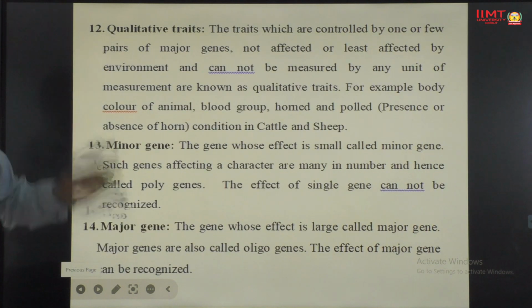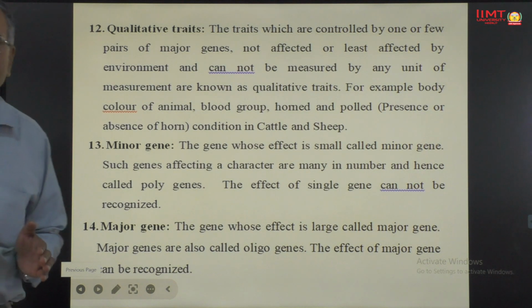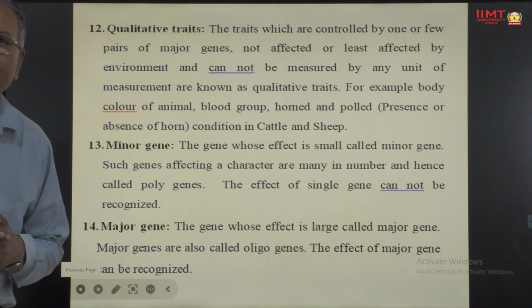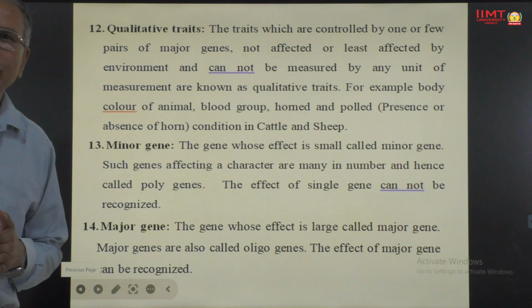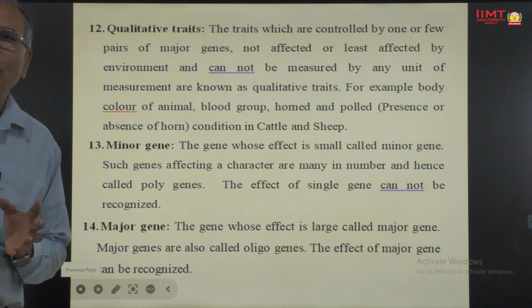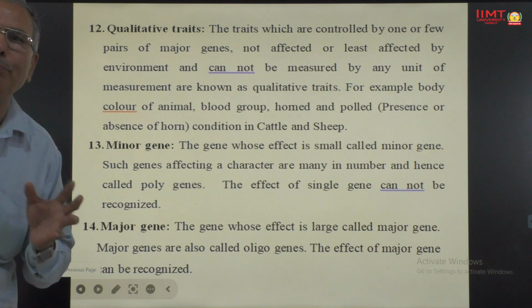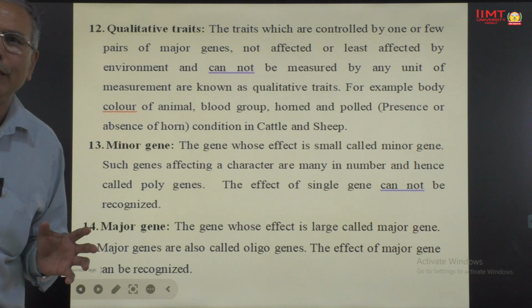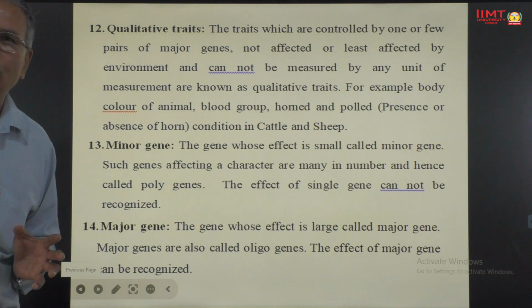What is qualitative traits? The traits which are controlled by major gene, or you can say the traits which are controlled by one or few pairs of major gene is known as qualitative traits.